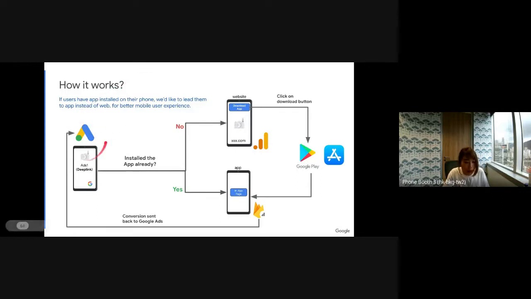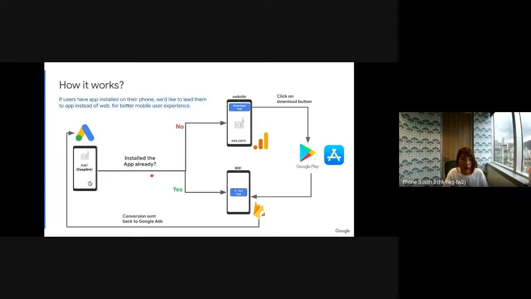So here we have a Google Ads campaign. For example, if it's a search ad, here I use the deep link as a landing page. Before I have the deep link set up, all the clicks will lead the users to the mobile site, right? Which is not super ideal if I already have the app on their device.